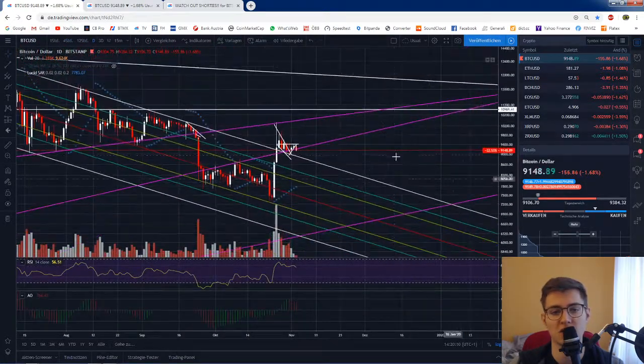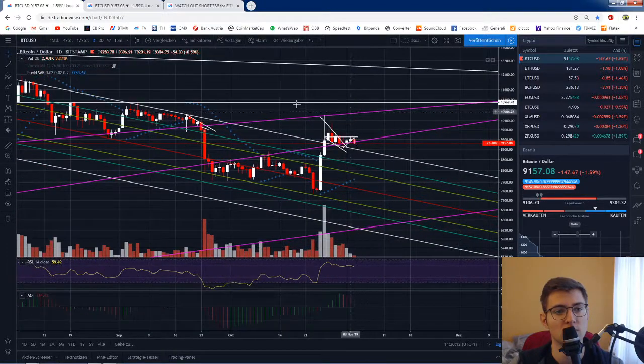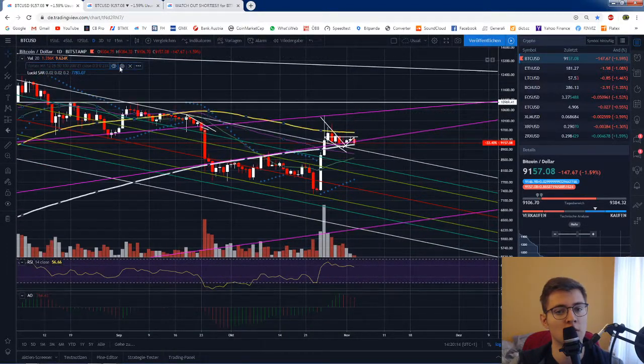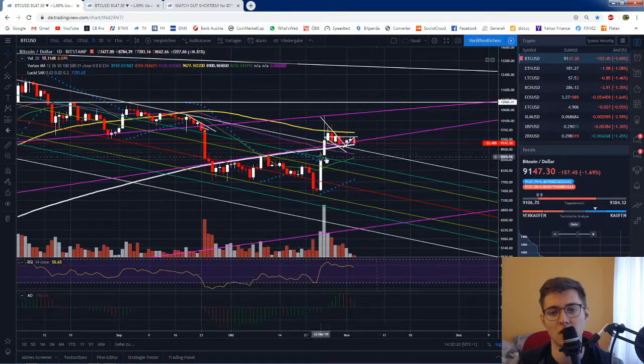And just what I said that I will show you is right here. The 100 day EMA and the 200 day EMA are now squeezing the price between them.